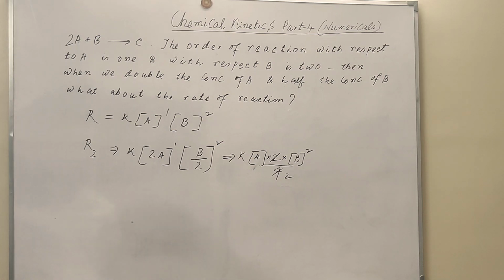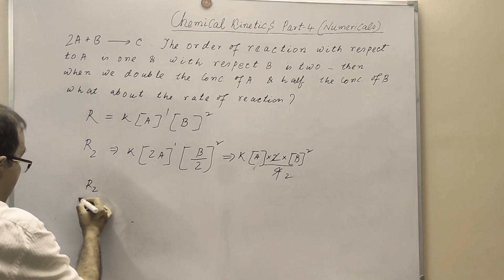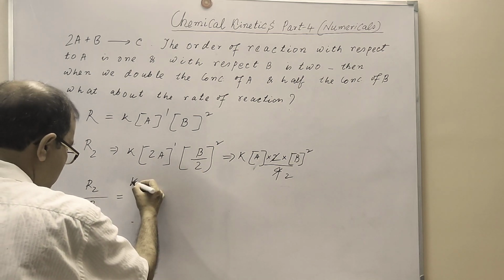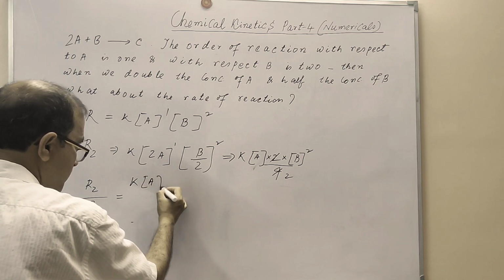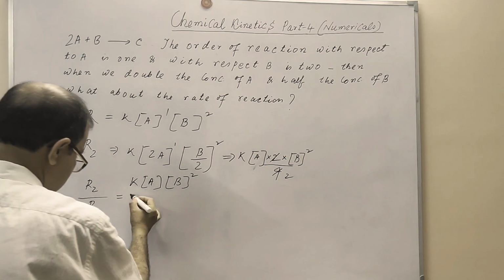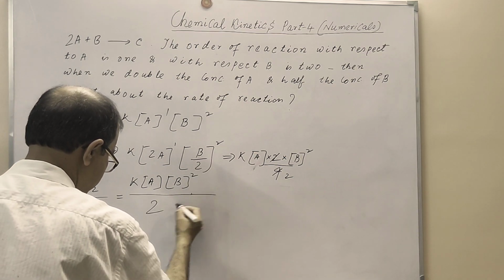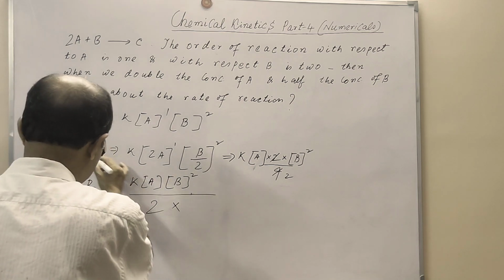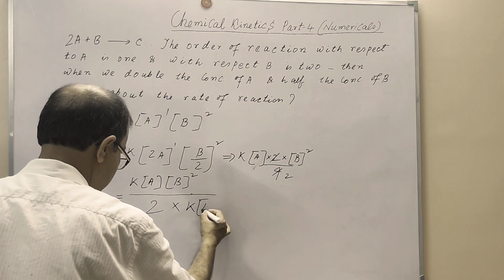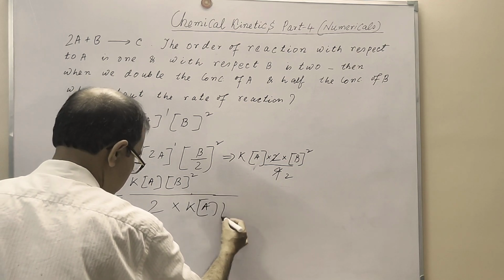If we compare the rate of reaction with the rate of the first one, R2 by R1, just put this value, k into concentration of A into B square divided by 2, and this is R2, this is R1, you put the value of R1, k into A into B square.